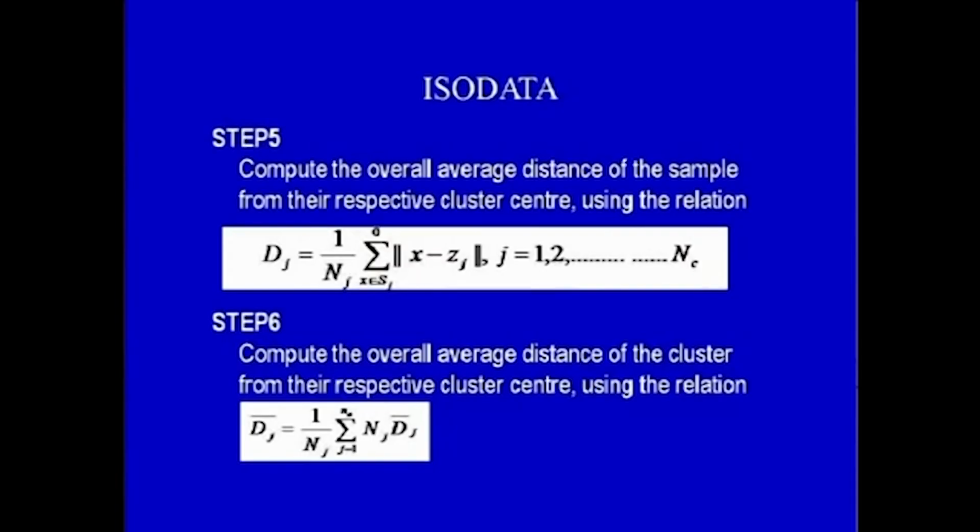In the next step, we compute the overall average distance of the clusters from their respective cluster centers using this relationship: d j bar is equal to 1 divided by n j, summation of n j multiplied by d j.